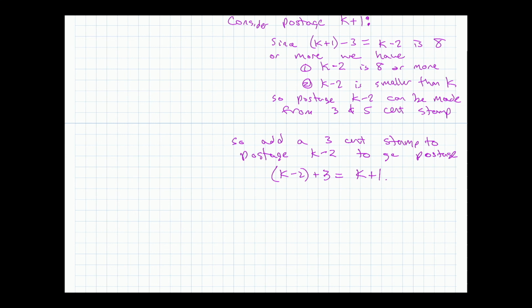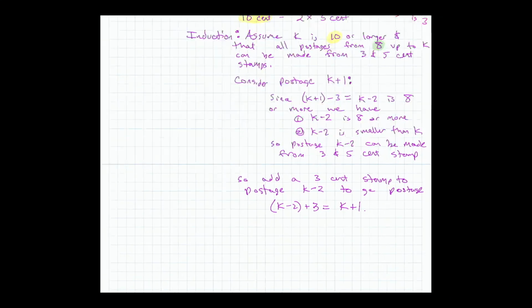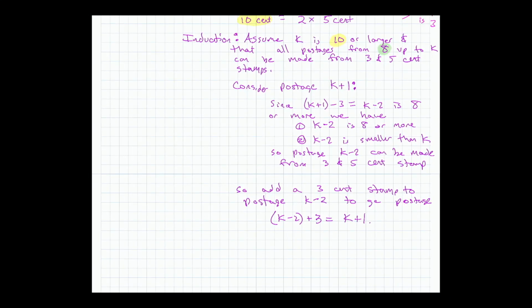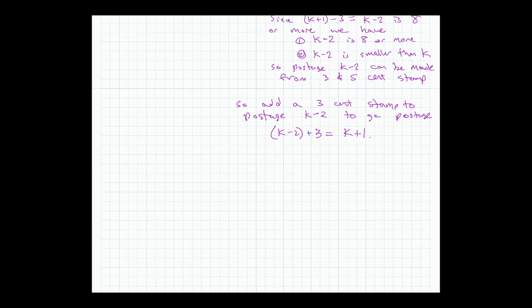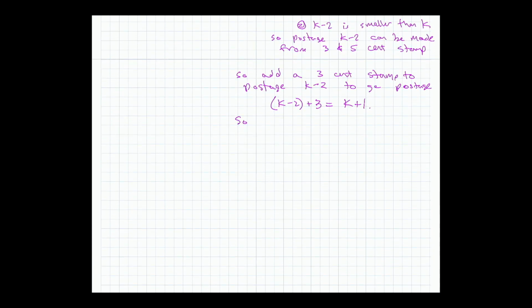So we made postage K plus 1 out of postage K minus 2. You add 3 to it. And that's what we were trying to do, because we were trying to make postage K plus 1. So postage K plus 1 can be made.